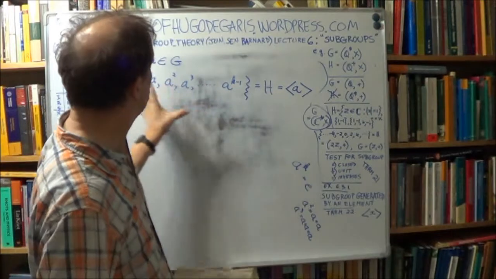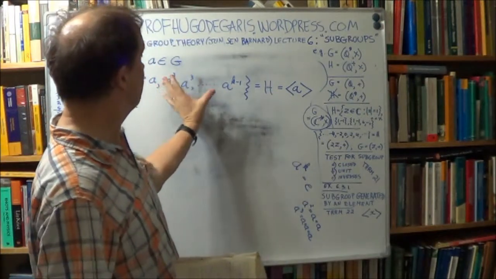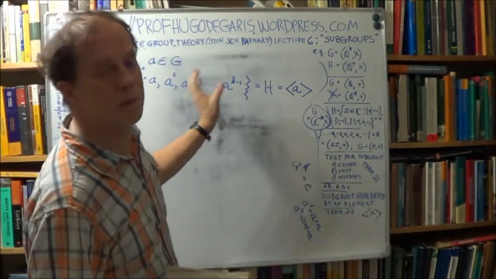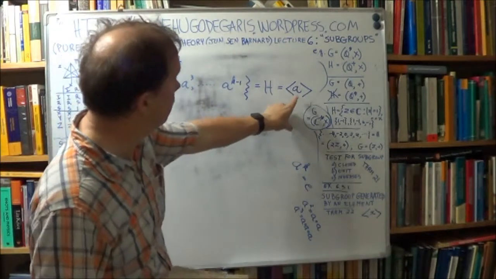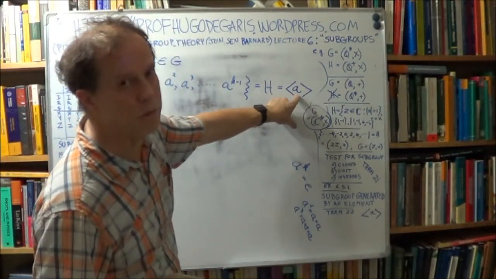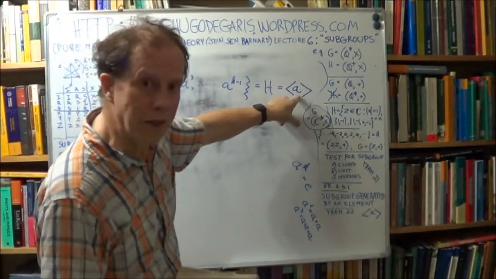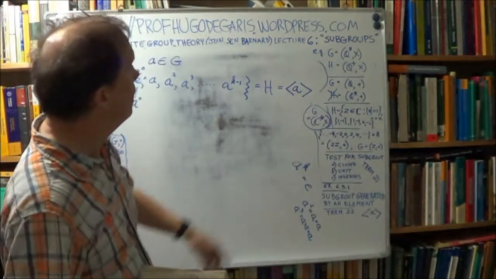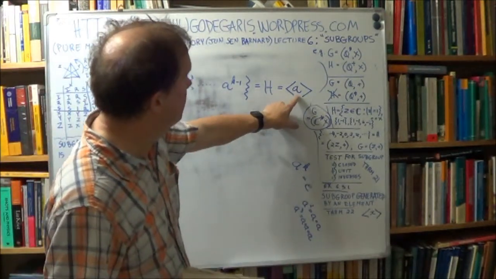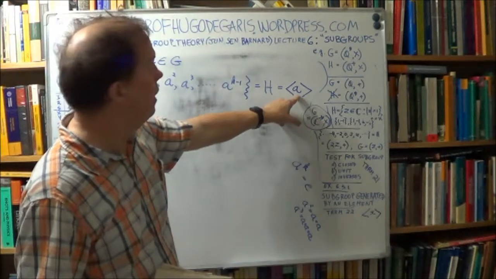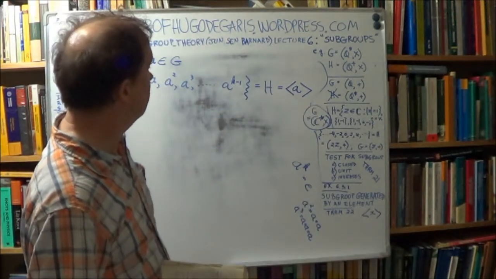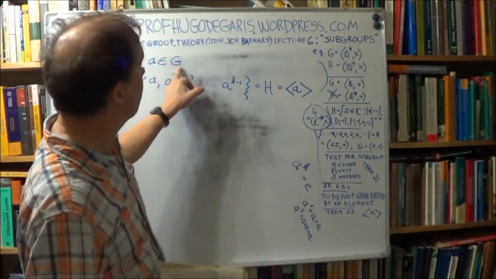That's possible. So the size of this set might be bigger or smaller, depending on what element you've taken arbitrarily from your group. Okay, so this set here is actually a subgroup of G.